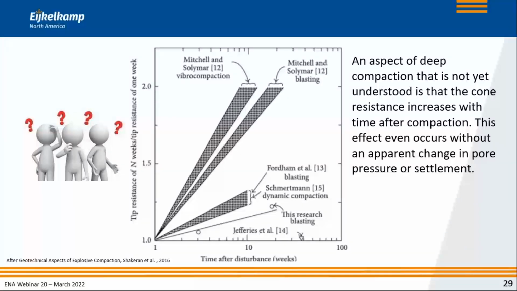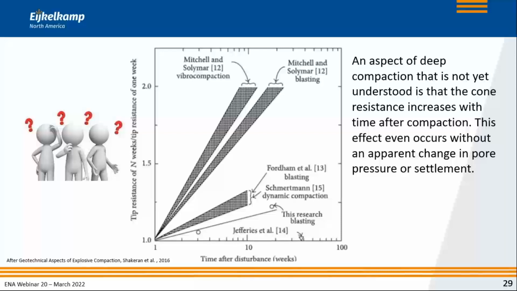As you apply compaction, as you do the soil improvement, you test the soil beforehand, the unimproved or virgin soil, then you do your compaction, whether it's fiber compaction or dynamic compaction or some blasting.